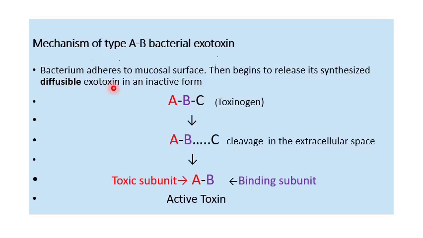So the exotoxin is what diffuses into the blood in the body. When it is first released, it is in an inactive form, and they call it a toxinogen. So it consists of A, B and C. After that, cleavage happens in the extracellular space of the C portion, and it will be converted to the active toxin, which is the AB toxin.